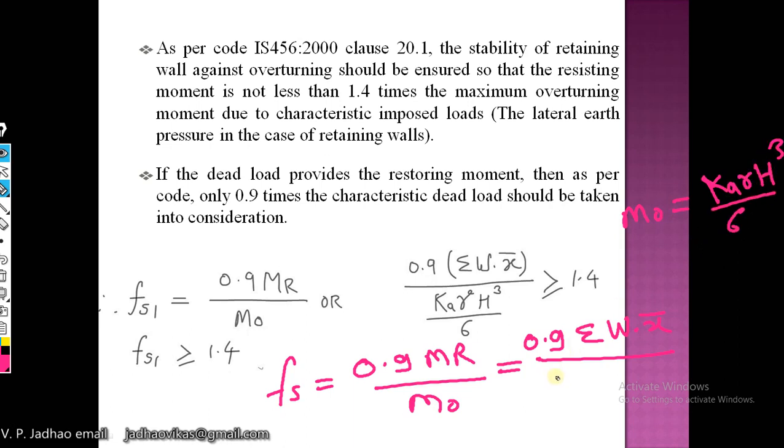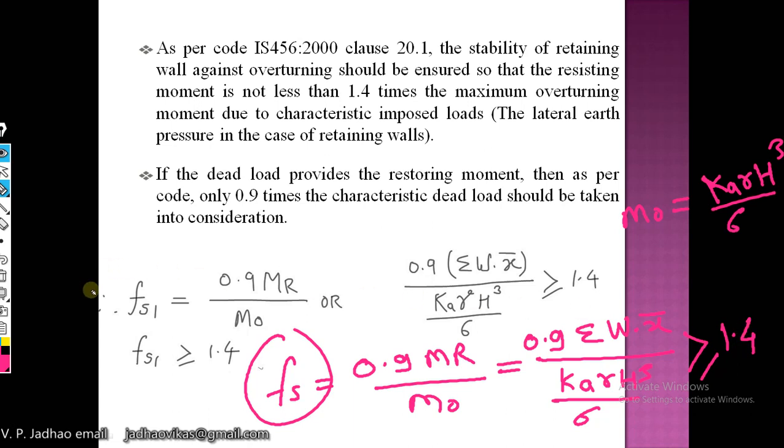So write down here Ka gamma H cube divided by 6. This is how the factor of safety is calculated, and its value should be more than or equal to 1.4.